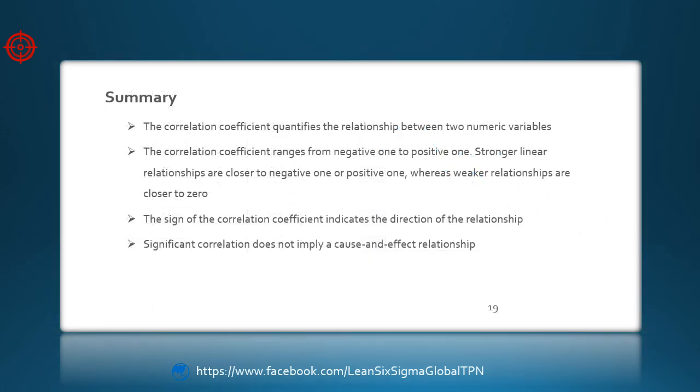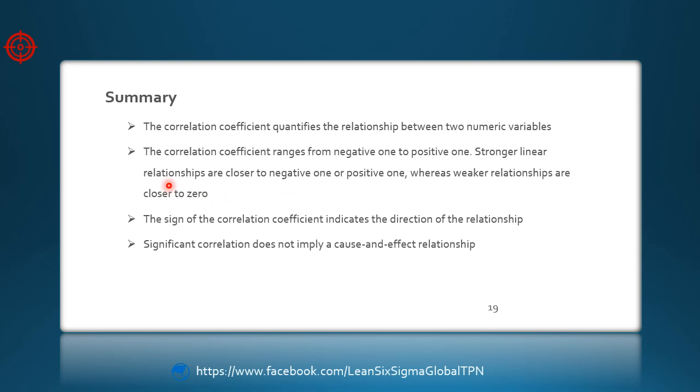So let's review. The correlation coefficient quantifies the relationship between two numeric variables. The correlation coefficient ranges from -1 to +1. Stronger linear relationships are closer to -1 or +1, whereas weaker relationships are closer to 0.